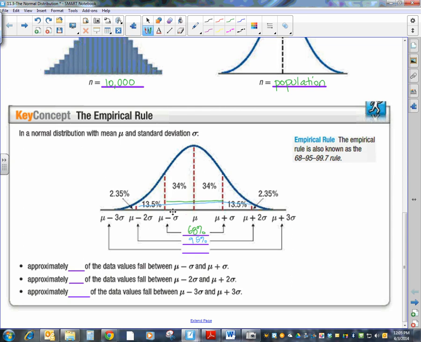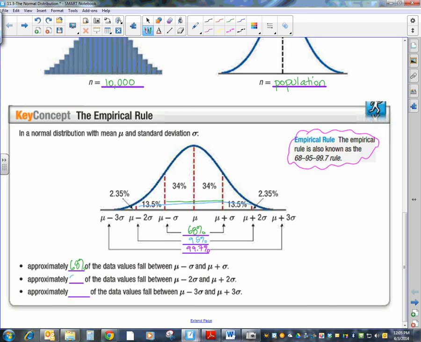And then the last one would be going out 3, and that would be 99.7%, which is why this empirical rule is also referred to as the 68, 95, 99.7. Okay, so that again says that approximately 68% of your data falls between plus or minus one standard deviation.